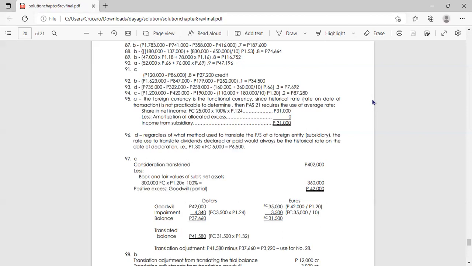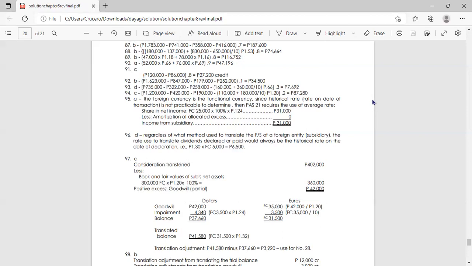Assuming that the euro is the functional currency and the following exchange rates exist during the year, what is the total peso amount of change in the investment in subsidiary account with respect to the dividends? So January 1, March 31, September 30, December 31, and the average from March to December 31.